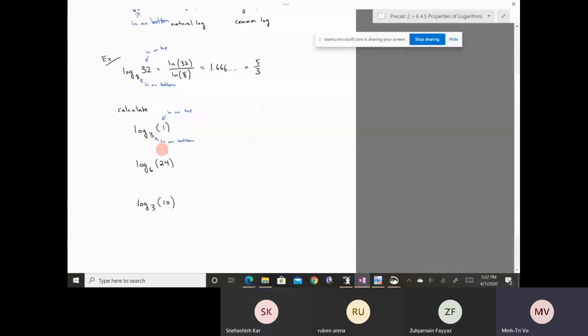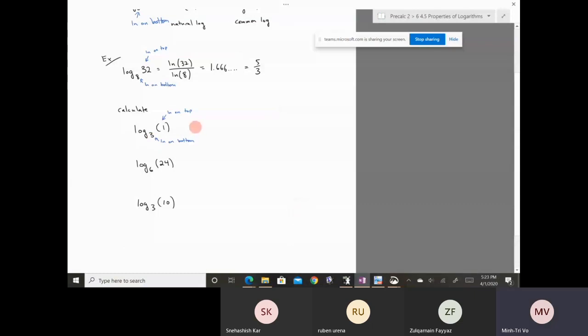Okay, so the examples here are just asking you to practice using this formula. To use the formula, you just have to remember the number that appears here, you do the log on top, and the number that appears here, you do the log on the bottom.